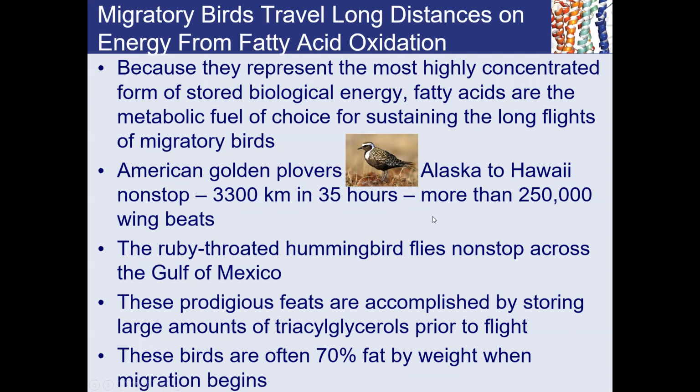And they utilize that fat to fuel their flight all the way nonstop. Okay, so when they're ready to fly, you'll see that 70% of their body weight is fat. Okay, so fat is a very, very important type of metabolic fuel that you can utilize for sustenance.